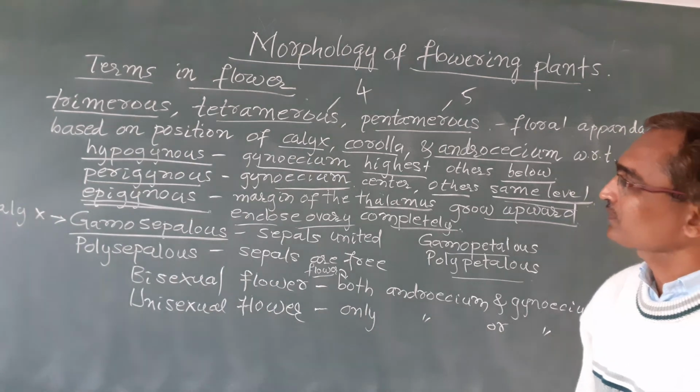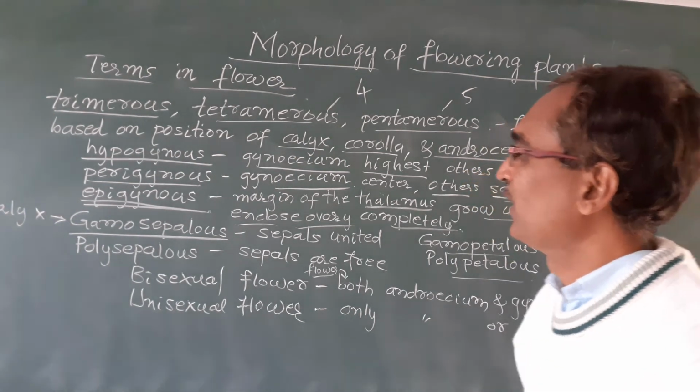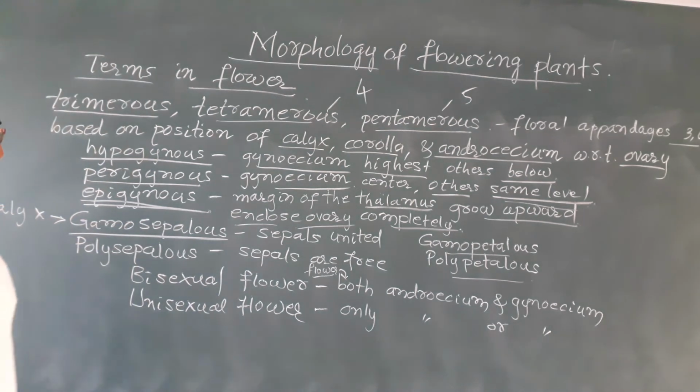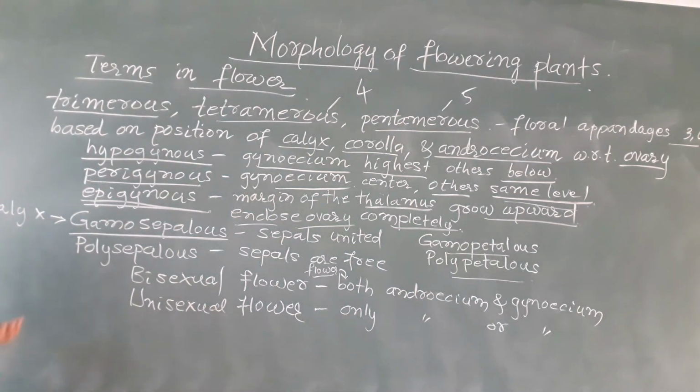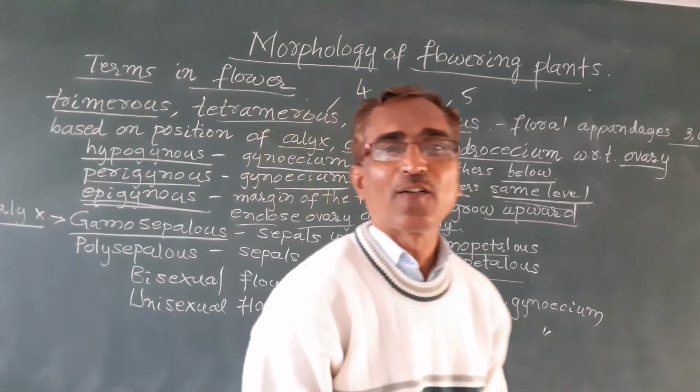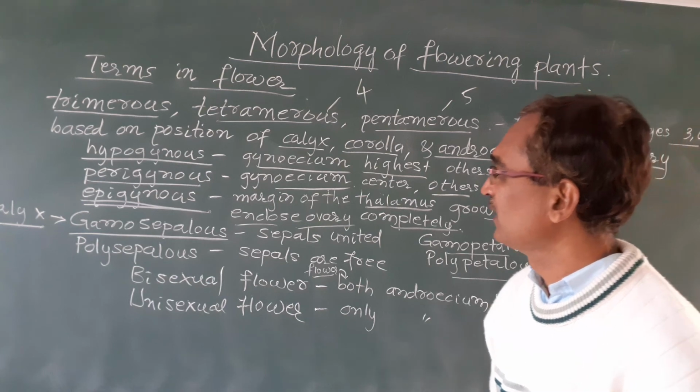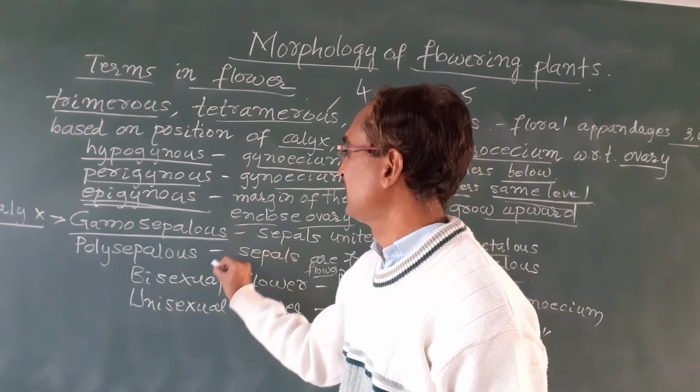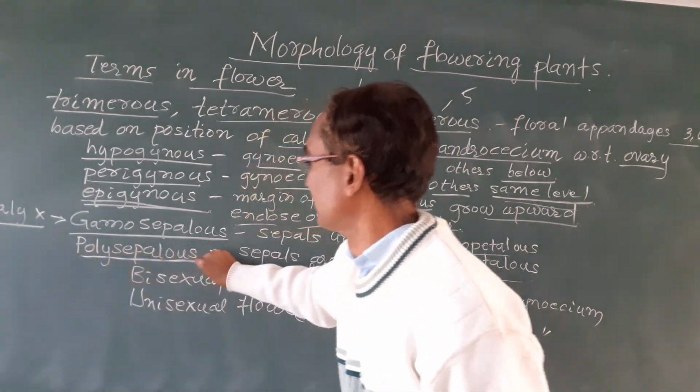Next, in case of the calyx, whether the sepals are united or free, they are said to be gamosepalous or polysepalous.